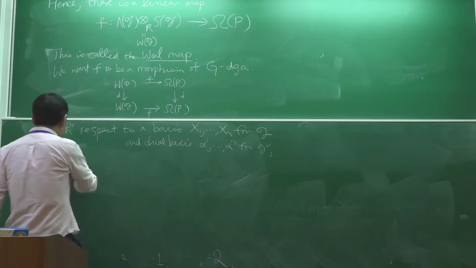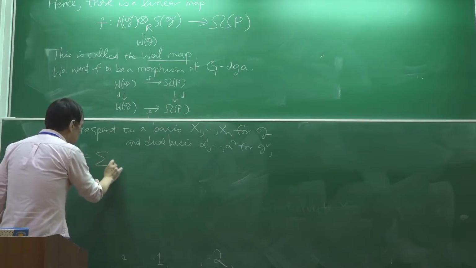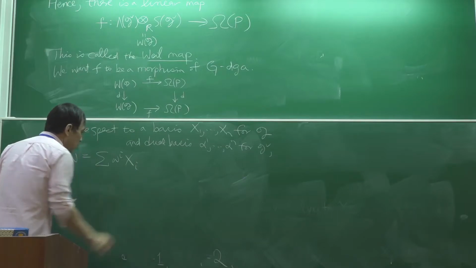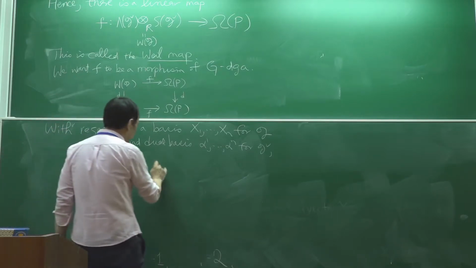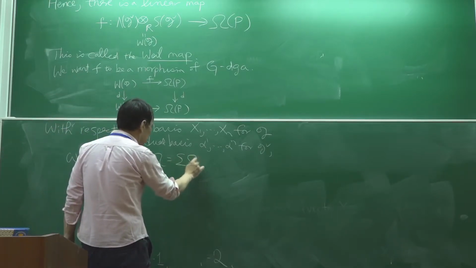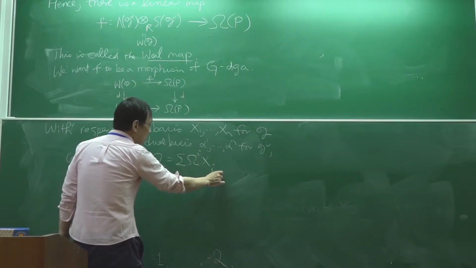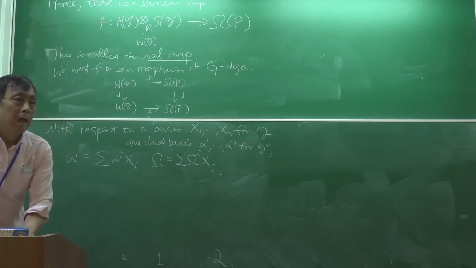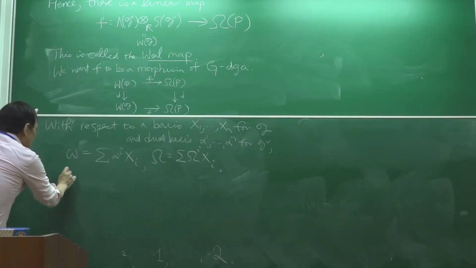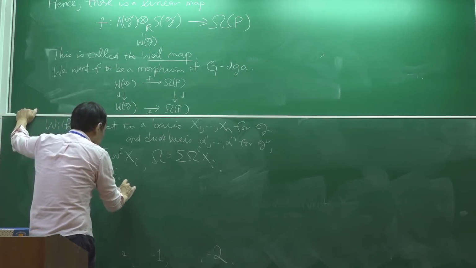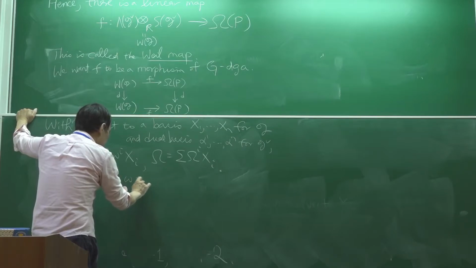So omega is a linear combination of omega I xi. Capital omega is a linear combination. And then f of theta I is theta I composed with omega.